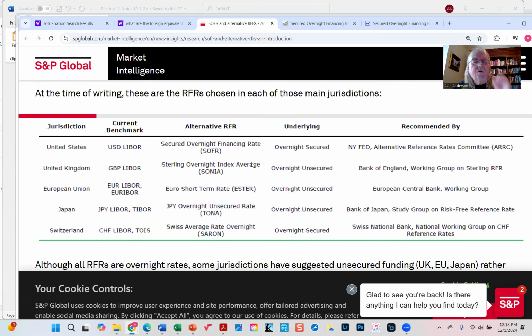There we go. So Sonia is used in the United Kingdom, Esther in the European Union, Japan is Tona, and Switzerland is Sarah. Can you imagine having to memorize all these names? Come on. It was so much easier when it was pound sterling LIBOR and euro LIBOR and yen LIBOR and Swiss franc LIBOR. It was so much easier in those days.